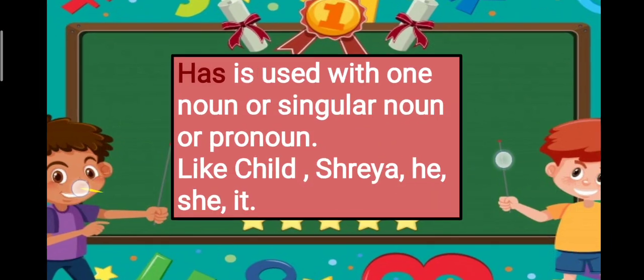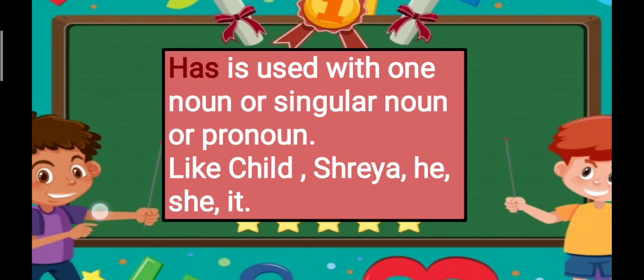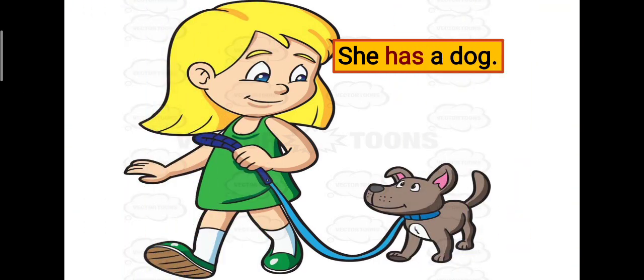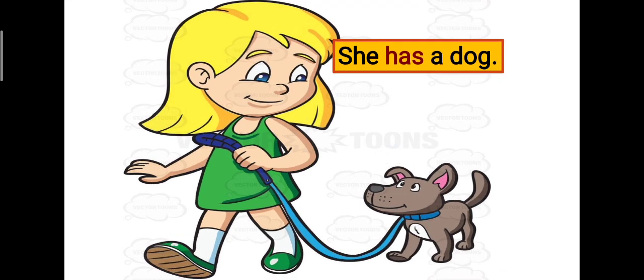Yes. Children, has is used with one noun or singular noun or pronoun like child, Shreya, he, she, it. For example, in this picture, the girl is with the dog.